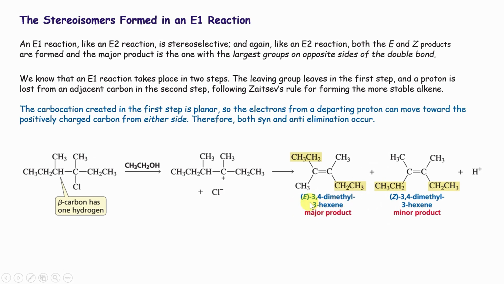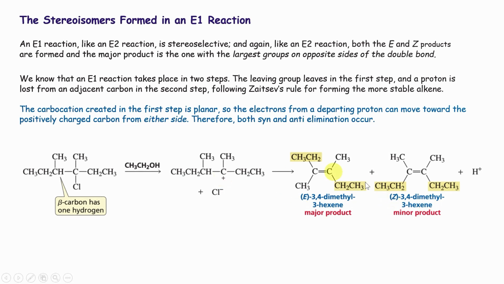One is E-3,4-dimethyl-3-hexene, which is obtained as the major product because you can see the bulky groups are on opposite sides of the carbon-carbon double bond. Another is Z-3,4-dimethyl-3-hexene, which will be obtained as the minor product because these bulky groups are on the same side of the carbon-carbon double bond.